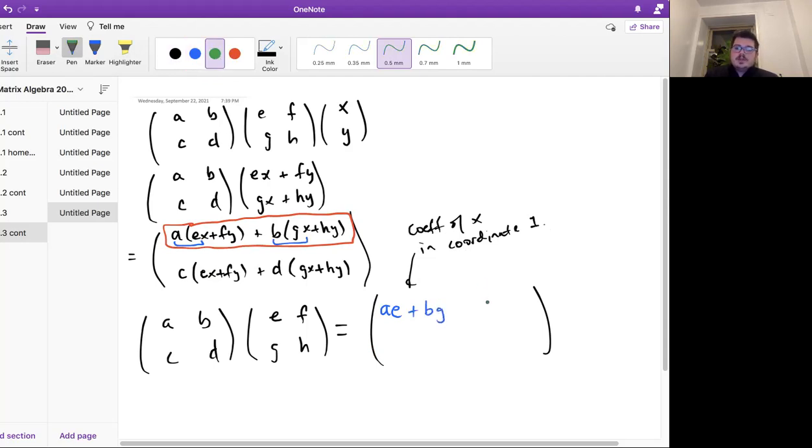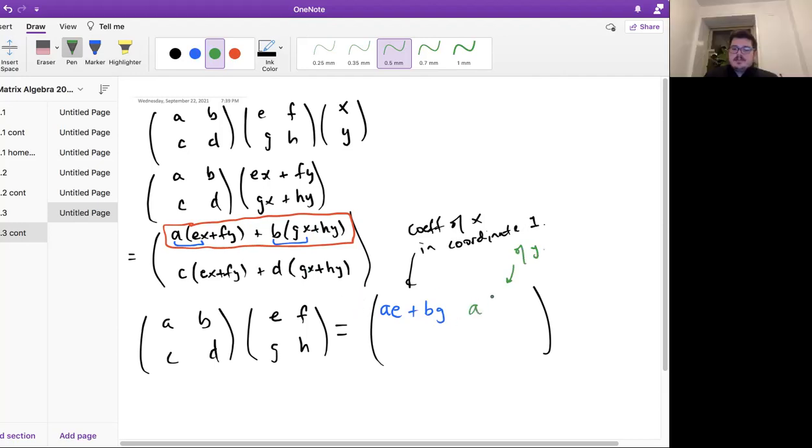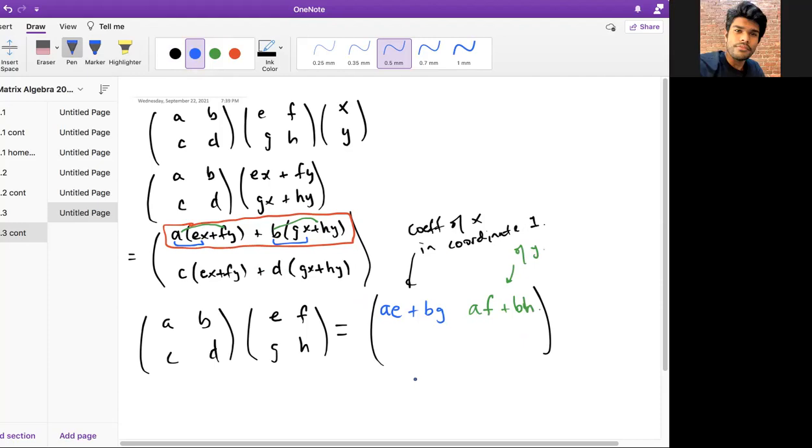Okay, how about the coefficients of y in the first coordinate? AF and BH. AF, yep, plus BH, because we're distributing. Now we'll do the same thing for the second coordinate. What are the coefficients of x in the second coordinate? CE and DG. That's an E, by the way.